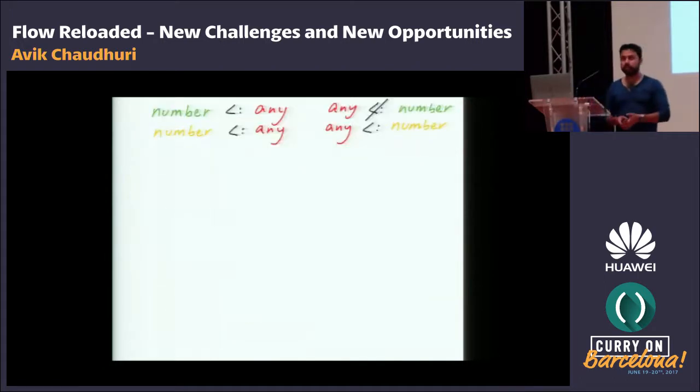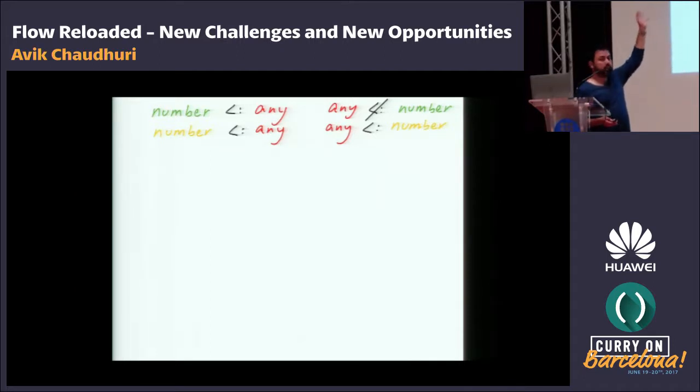So briefly, the rules that we are thinking of look as follows. In an optional type system, any is the main source of unsoundness because all types are subtypes of any, and any is a subtype of any other type, which is very easily exploitable. So what we want to do is color the rules a little bit with trusted and untrusted.